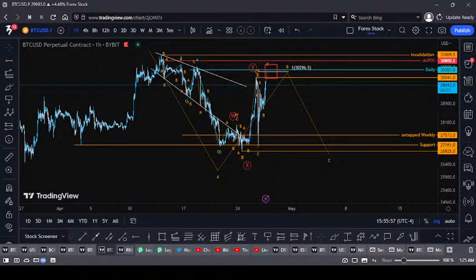So this could be a scenario, this could be a scenario as well, and this could be a scenario as well: the regular ABC or the running flat. These are three kinds of flat right now.